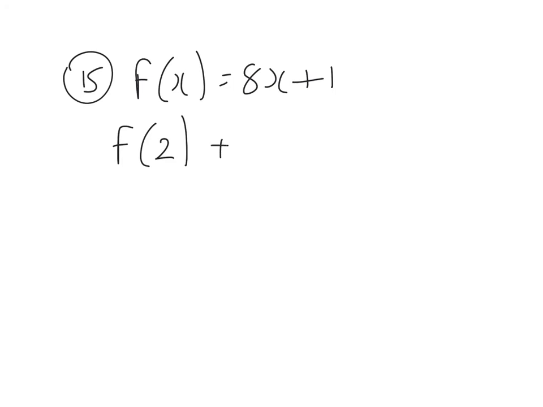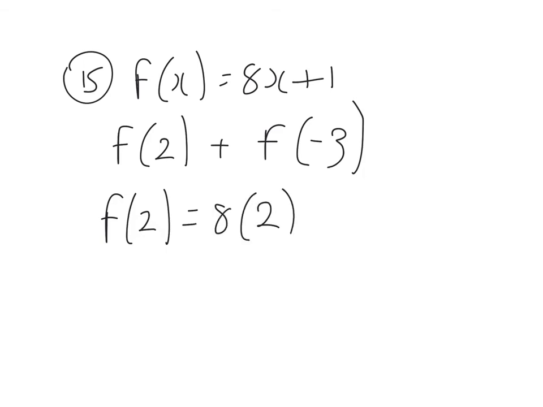Okay, example 15. F of x equals 8x plus 1. We're going to find f of 2 plus f of minus 3. So it's 2 substitutions and add them together. So f of 2, that's 8 lots of 2 plus 1, which is 16 plus 1, that's 17.